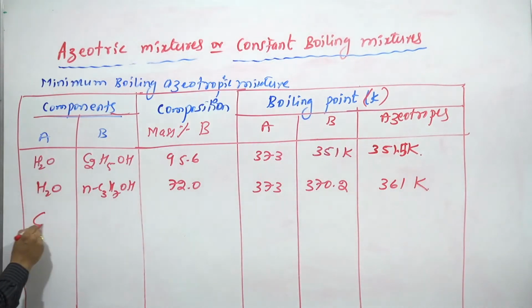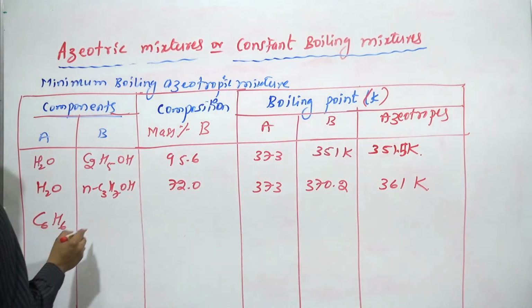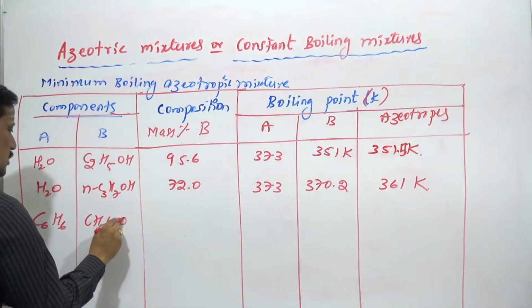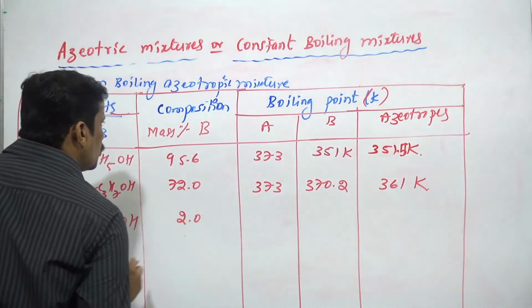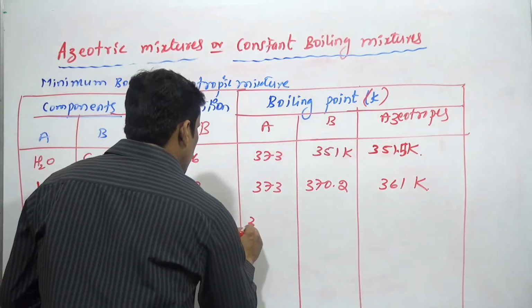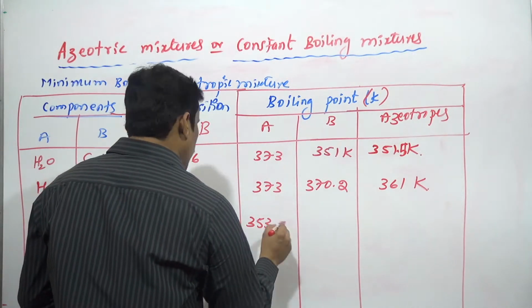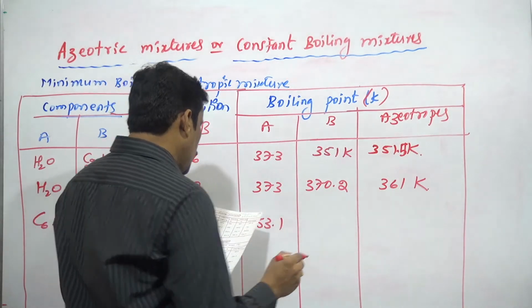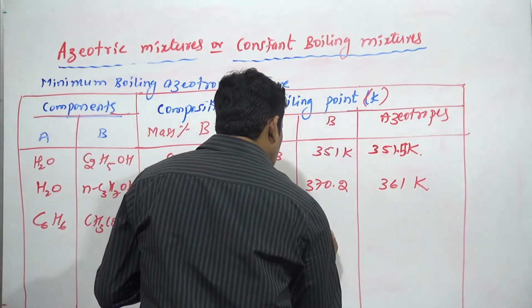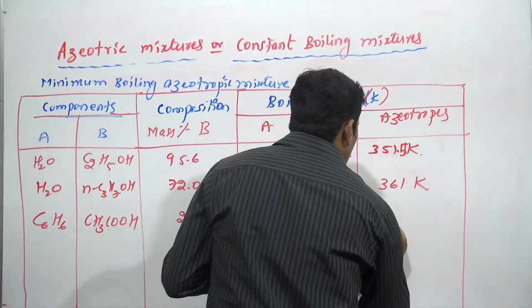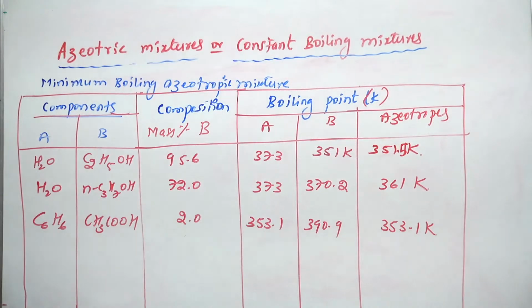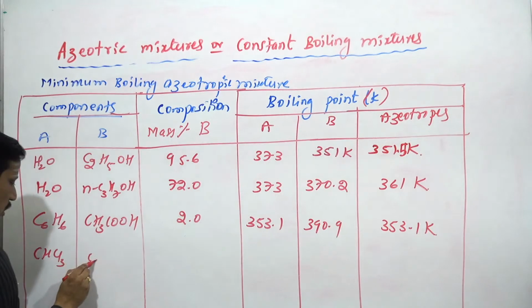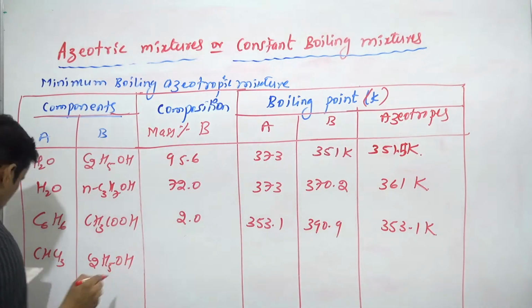Next, we have component A, benzene, and acetic acid. The composition of acetic acid is just 2%, and the boiling point of benzene is 353.1 Kelvin, and the other is 390.9 Kelvin. The mixture boils at 353.1 Kelvin. Another example is chloroform with ethyl alcohol.